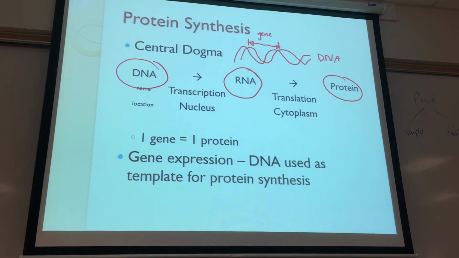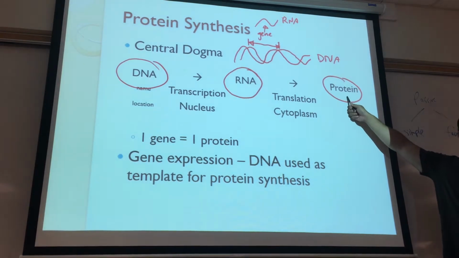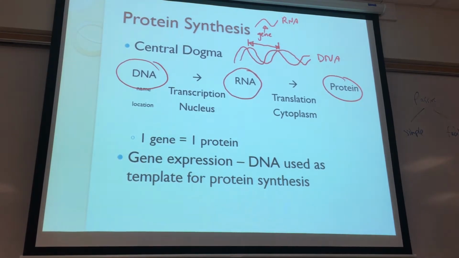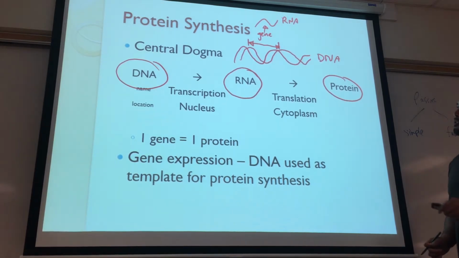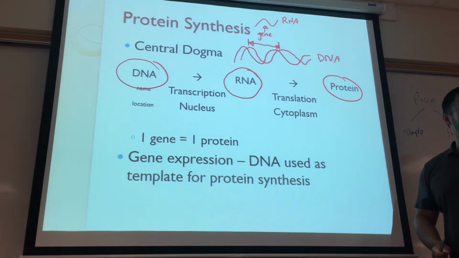So the gene represents the area that we want to target, and what we're going to do is create a single strand from that gene. This is going to become our RNA. That RNA is going to undergo some modification so that it can create the blueprints for that protein. That process of going from DNA to RNA is transcription, and you will be doing this in the lab.